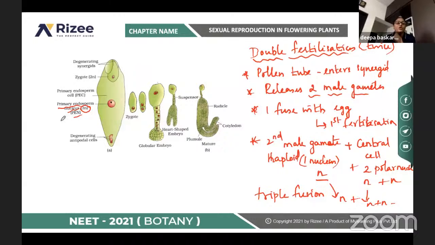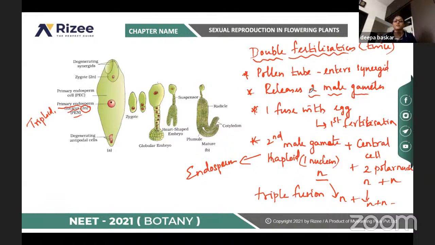So the primary endosperm nucleus is triploid in nature. This is the second fertilization, and it is responsible for the endosperm. The first fertilization leads to the formation of the zygote. So this is the explanation for double fertilization.